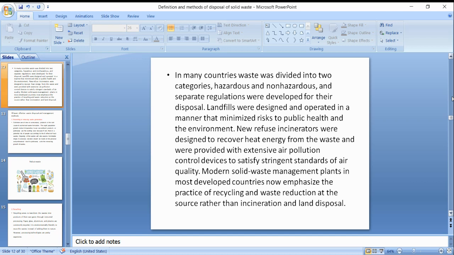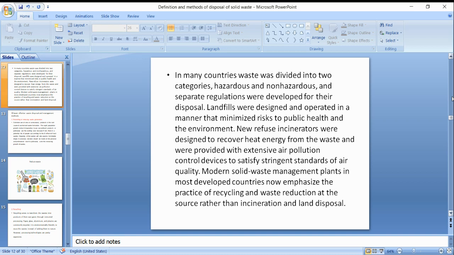All this was seen in this topic. Before disposal, we have to consider hazardous and non-hazardous materials, and the separate regulations for disposal.